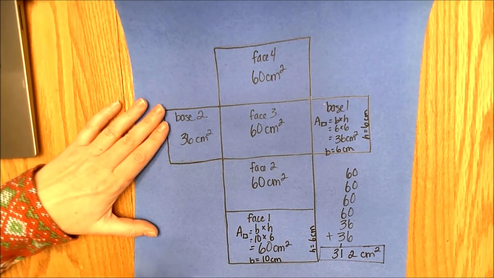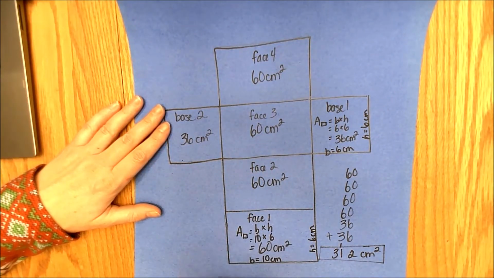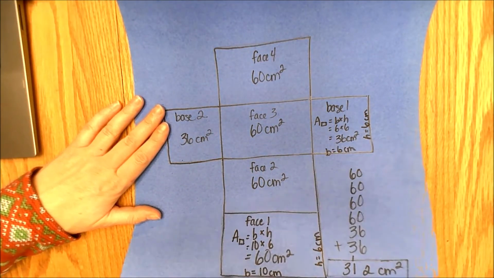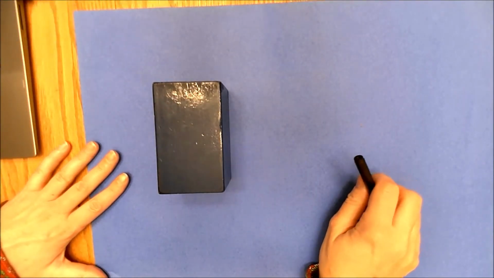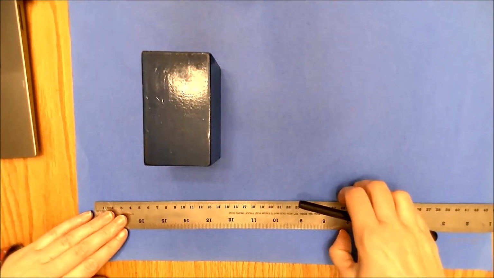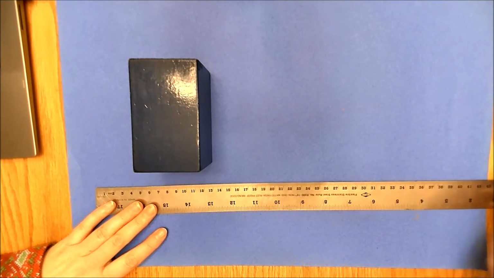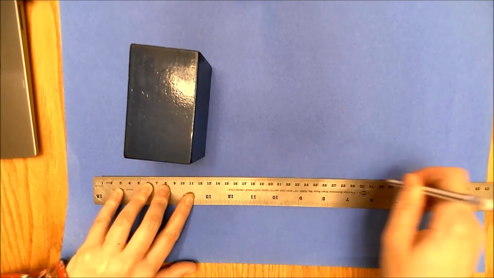Okay, so now that we've found the total area, we've looked at how to find it by adding up each side. Let's look at how we can create a formula for finding this. Here I have this, and I want you to think about what I'm creating. I'm going to draw a straight line using my ruler with my pencil so that I don't highlight all of it.